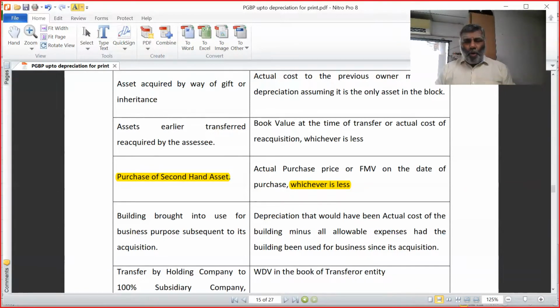Again, one other concept is sale and buyback of same asset. I sold an asset. I am buying back the same asset. It is not prohibited. I cannot prohibit it, but I can only restrict it in terms of value. What the income tax law wants to ensure is you are not buying back at a price higher than what it should be bought back.